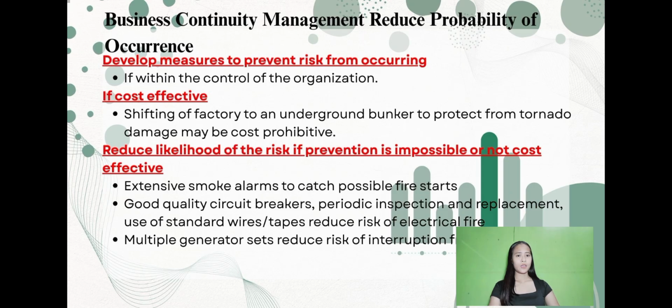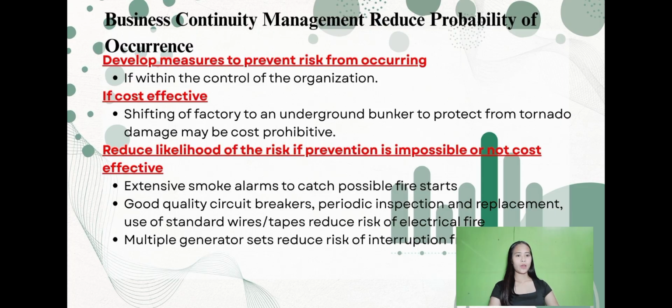Second one is, if cost effective. Some preventive actions may be possible but too expensive or unrealistic, like moving a factory into an underground bunker to avoid tornado damage. So this would cost too much and is not practical.